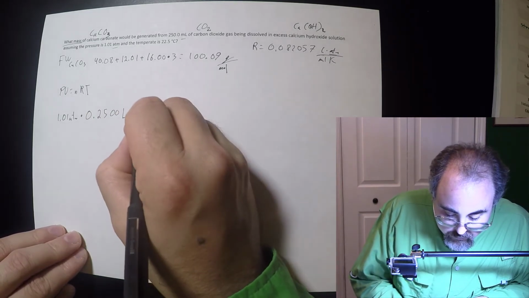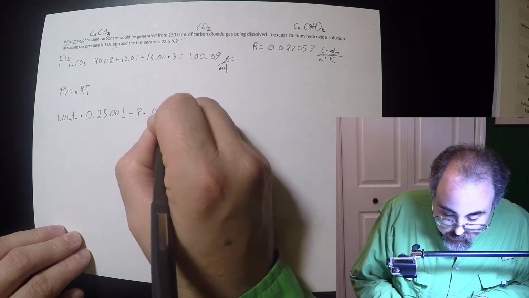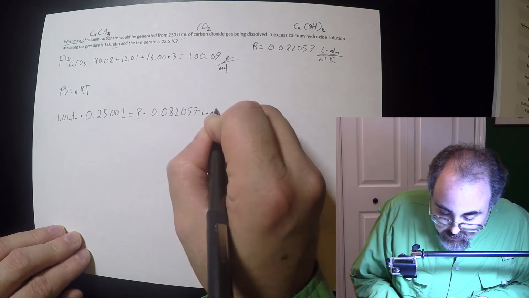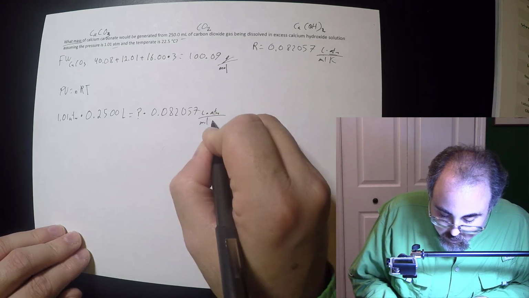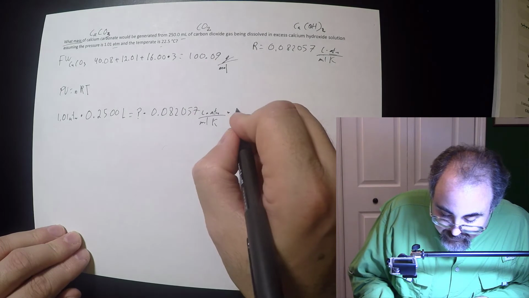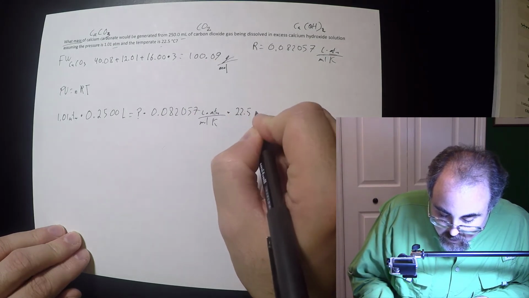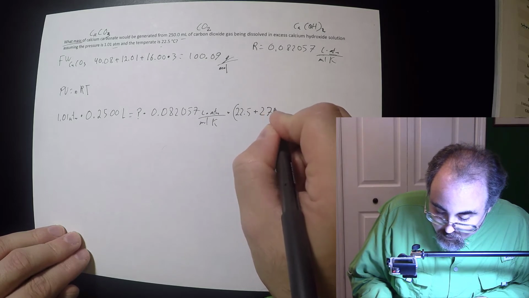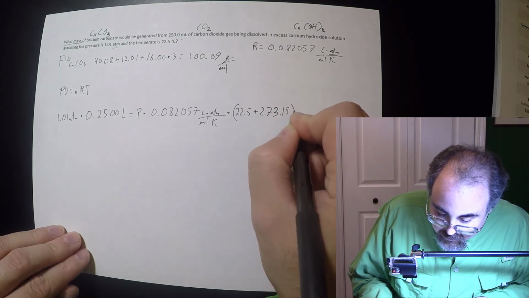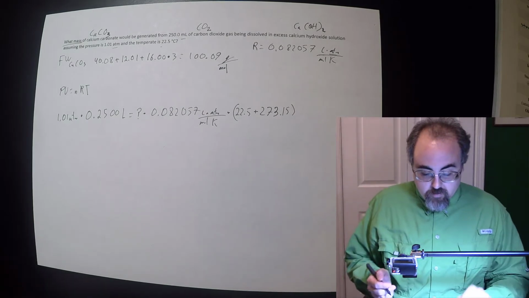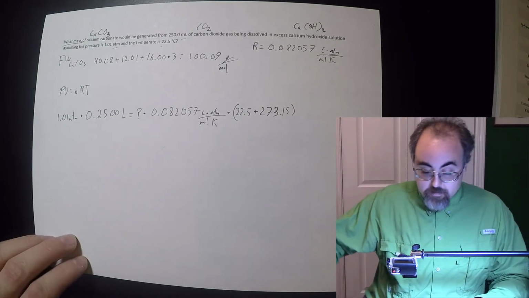I want to know what that is, times 0.082057 liters atm per mole Kelvin, and times the temperature. That's in degrees Celsius, but I have to convert that into Kelvin, otherwise things do not end well. Okay, so now I just have to simplify and solve for that question mark. So calculating time.